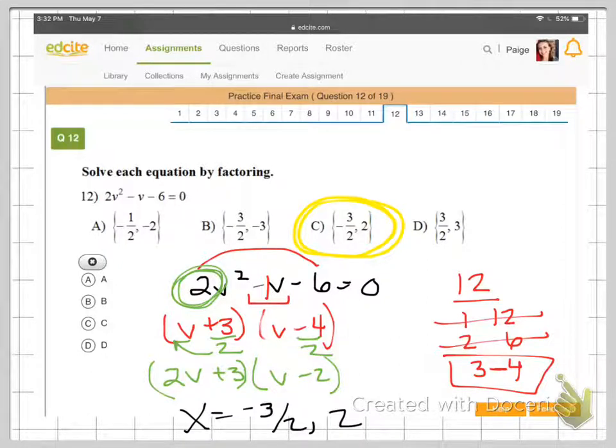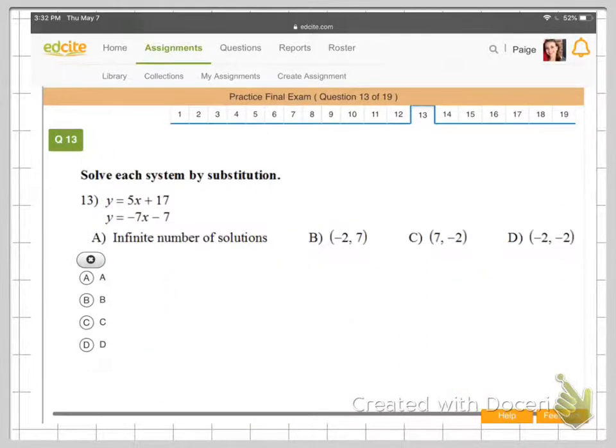Okay, on to number 13. That's the systems problems. This one's asking us to do substitution. So that means I'm taking all this stuff that y equals and plugging it in for y. So negative 7x minus 7 equals 5x plus 17. Okay, so first things first, we can either move the 7 or the 5. It doesn't matter. So I'm going to move the 7 just because it's negative.